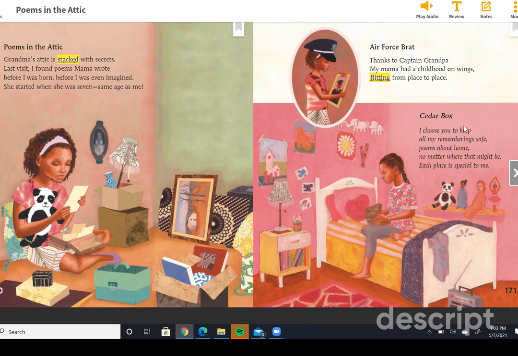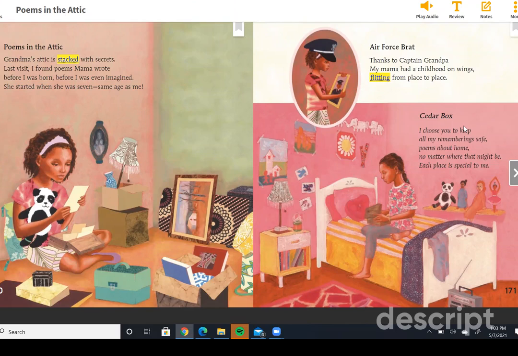And so, lastly, on this part of the page, in the section called Cedar Box, she talks about how she keeps her memories tucked away in a special place, like her mother did, because it sounds like she moves from place to place, like her mother did.